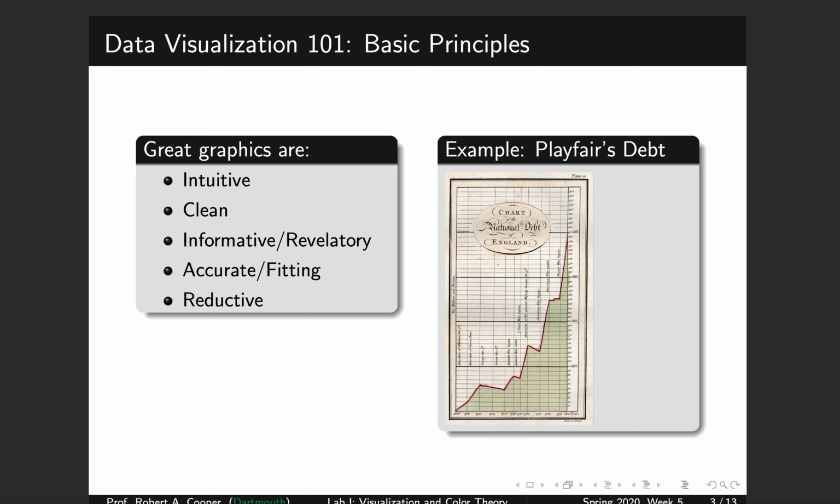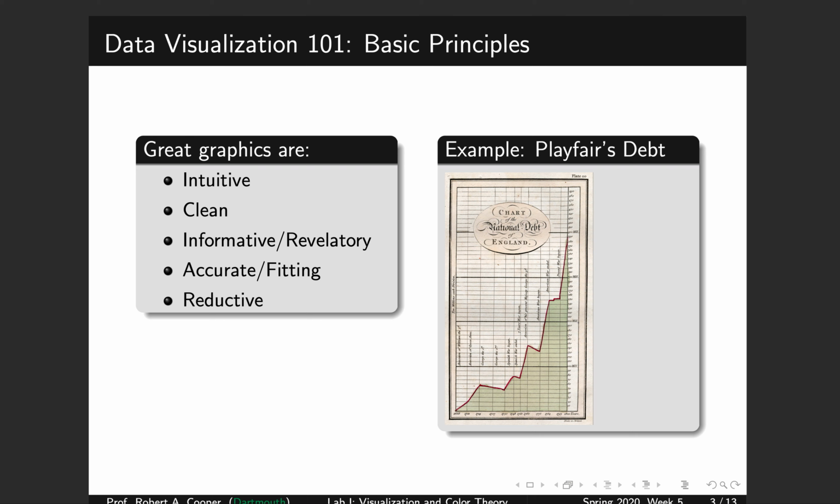Great graphics are very intuitive, they're clean. Nobody wants to see how you labeled your data in your data set. Those things need to be cleaned up. They need to be informative. There should be some new story being told by the visualization that you couldn't tell just with a table of numbers or potentially the paper itself if you're writing a paper.